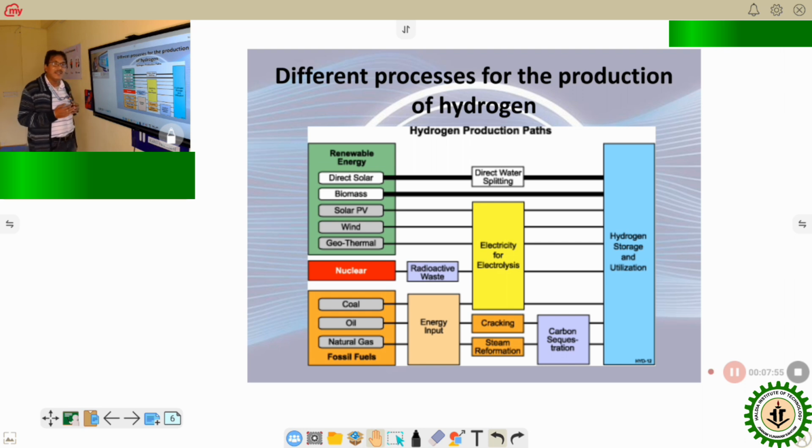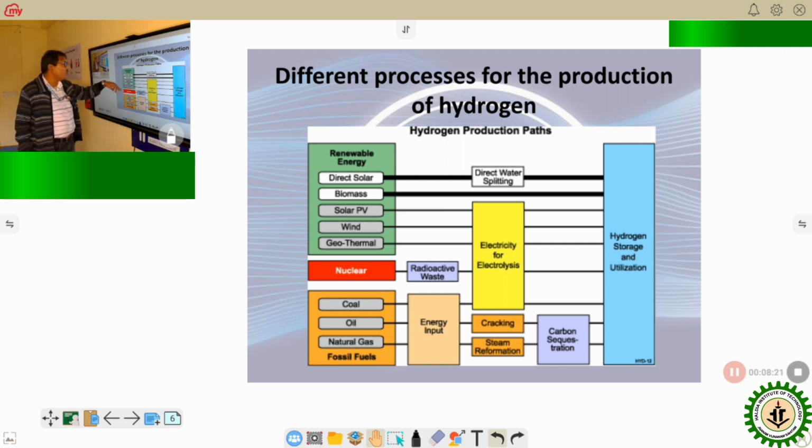And the other part is that very ancient process like electrolysis, splitting water. It will give hydrogen and oxygen. But for that, it needs electricity. So that electricity, if we supply from the renewable energy sources, renewable sources means that source can be renewed within the defined time.